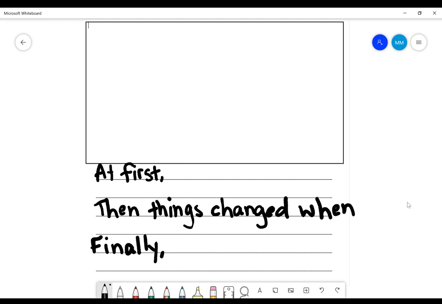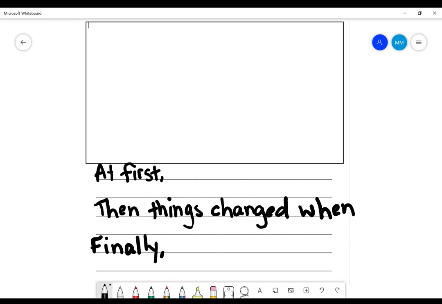So I have already made my sentence starters. So when I am retelling a story, I need to use sequence words. I need to use words that tell me when I'm talking about the beginning of the story, the middle of the story, and the end of the story. So I already put those in. And so if I'm talking about the beginning of the story, I could say first.